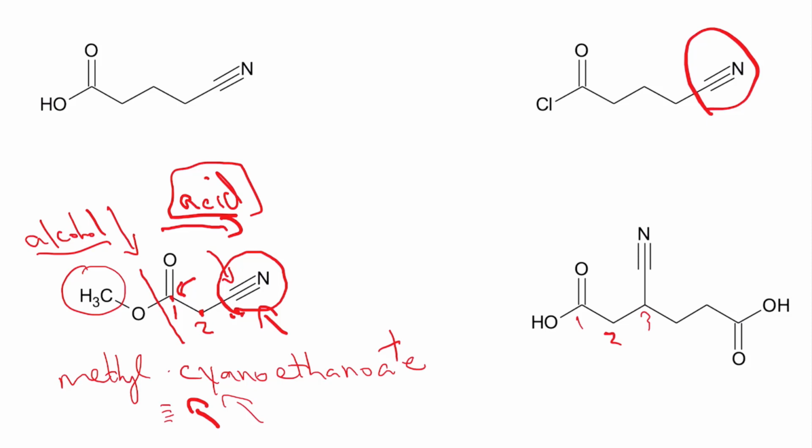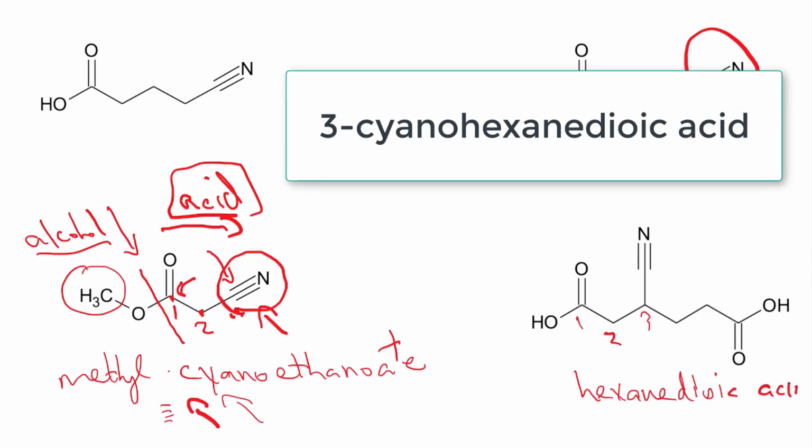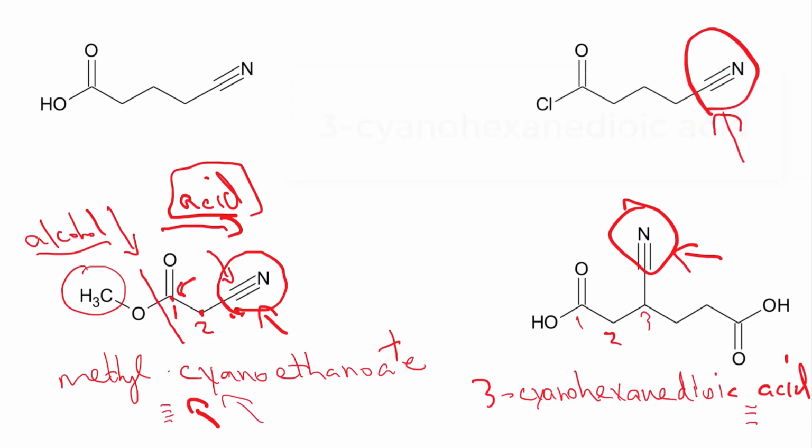So I'm going to say that this is a hexane because it is a 6 carbon chain. So it's a hexanedioic acid, and out front is this cyano group. So it's a 3-cyanohexanedioic acid. The only space is right here when it comes to the separation of the oic and the acid. So again, another example, but I thought this might be a little easier to visualize that cyano group as its own little individual group, where it's harder to recognize when it seems like it's part of the carbon chain.